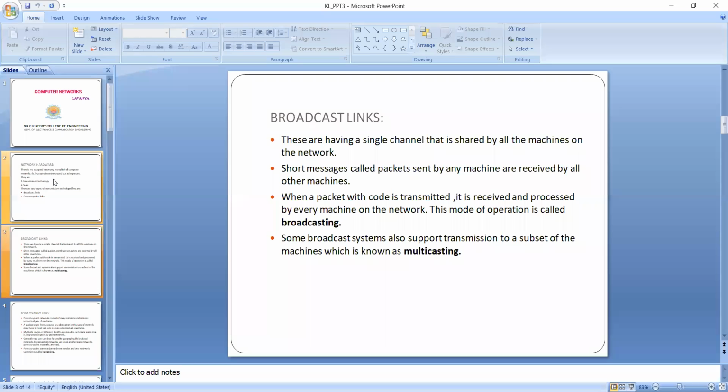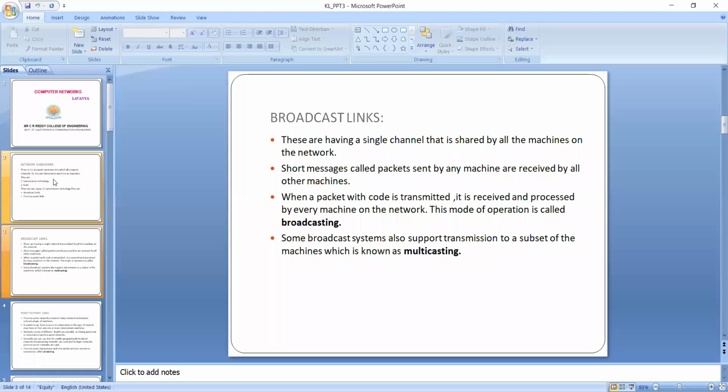For example, if in a network there are 100 machines and machine 1 sends a packet, and in the address field it specifies a particular recipient, for example machine 50, then this packet is received by the remaining 99 machines. All the 99 machines receive and view that packet, but according to the address in the address field, the specific machine 50 will reply to that packet.